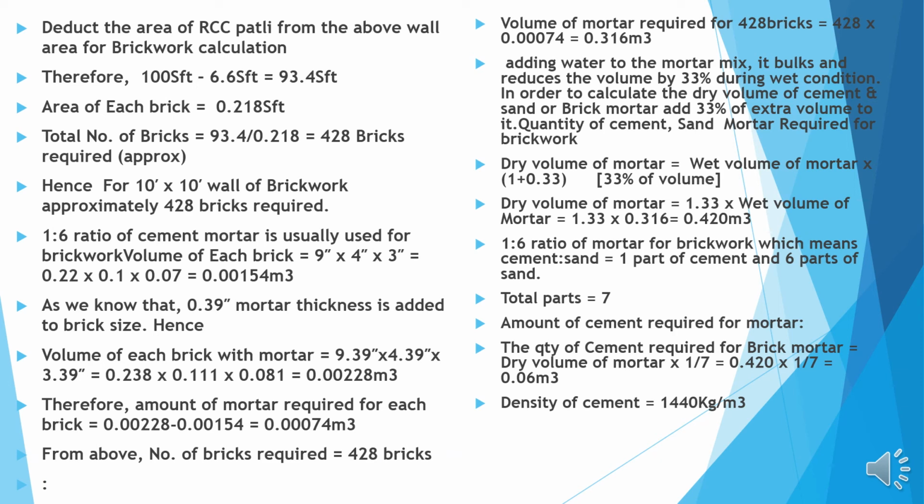Density of the cement is 1440 kgs per cubic meter, which means 1 m cube requires 1440 kgs. For 0.06 m cube of mortar we require 86.4 kgs of cement.